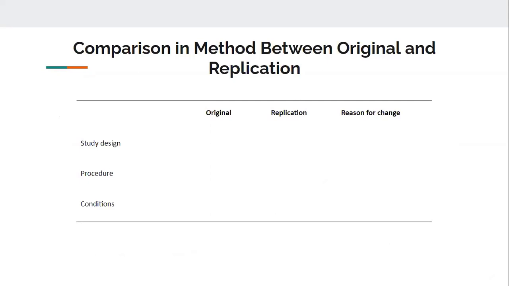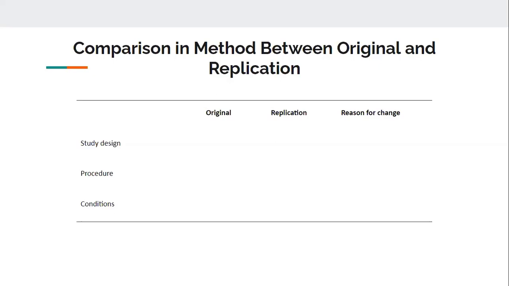Let's add a table comparing the original and replication method. This is from our template. For study design, it means number of IVs and number of levels per IVs. And for example, if it uses within subject design, between subject design, or mixed design.